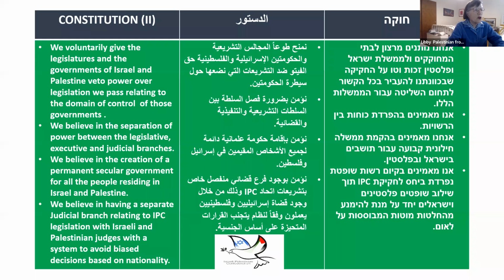We believe in the creation of a permanent secular government for all the people residing in Israel and Palestine. We believe in having a separate judicial branch relating to IPC legislation with Israeli and Palestinian judges, with a system to avoid biased decisions based on nationality.